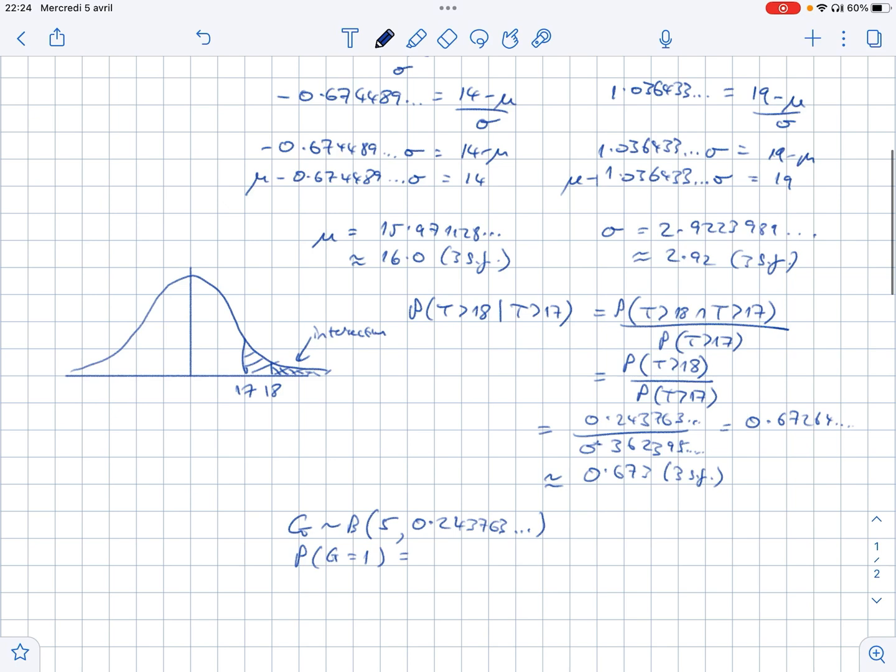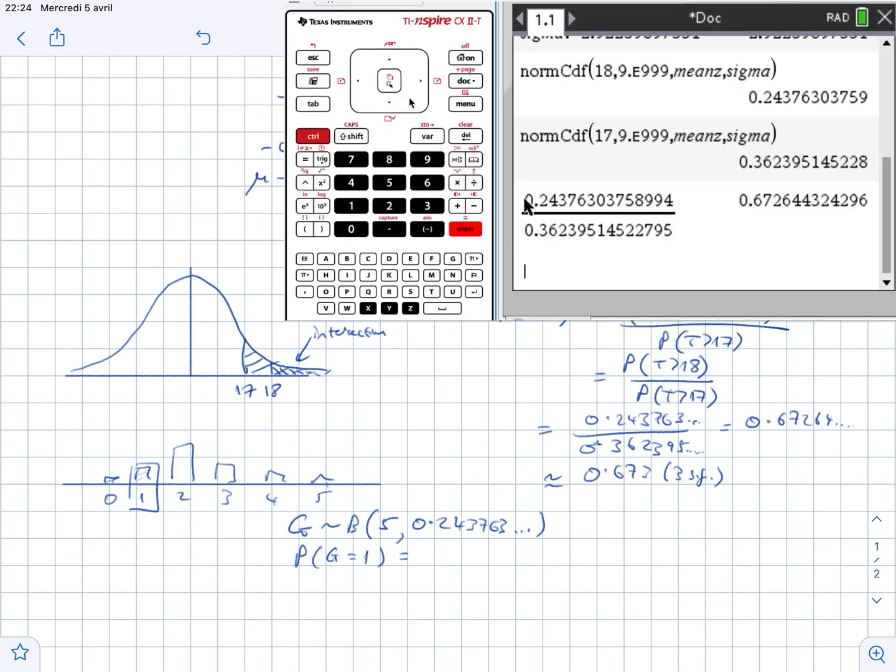I just want a PDF, and we're looking at it lasts, we've got 0, 1, 2, 3, 4, 5. Here are my values. We want it to be exactly equal to 1. I think those are the wrong probabilities, but it gives me an idea of what I'm looking at. Binomial distribution, we need to have the probability that it is greater or equal to 18.